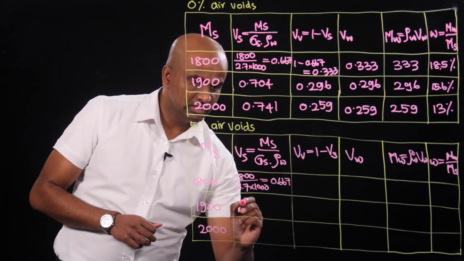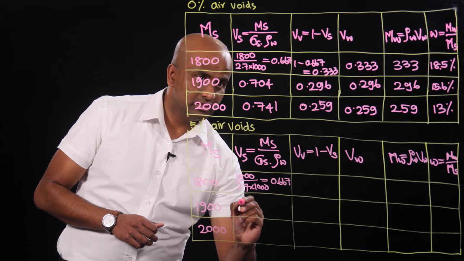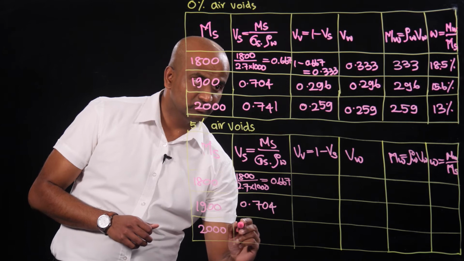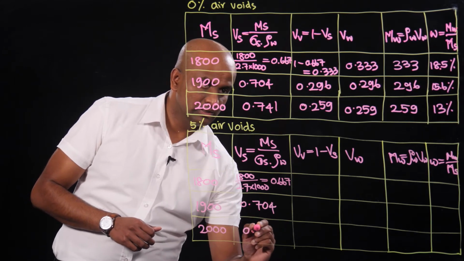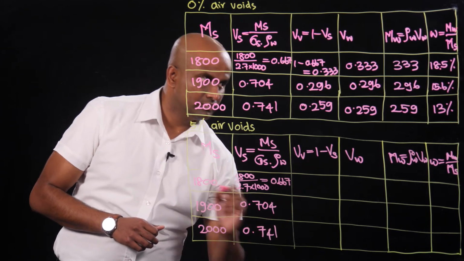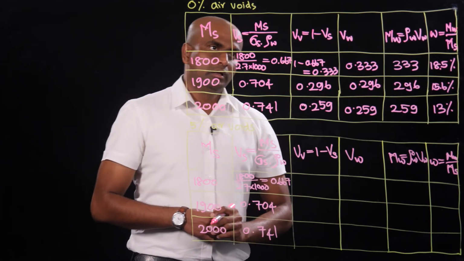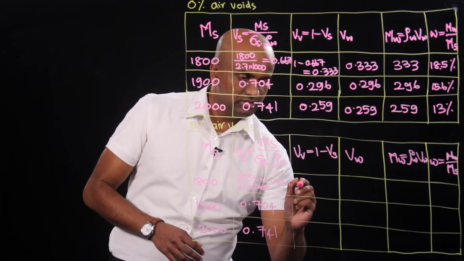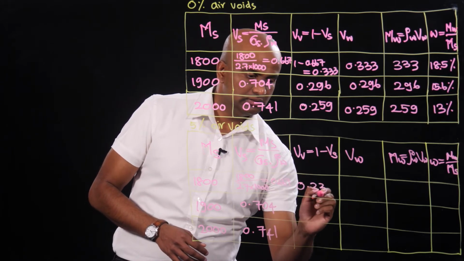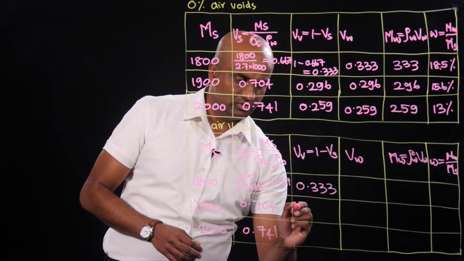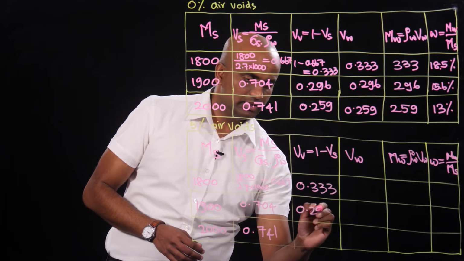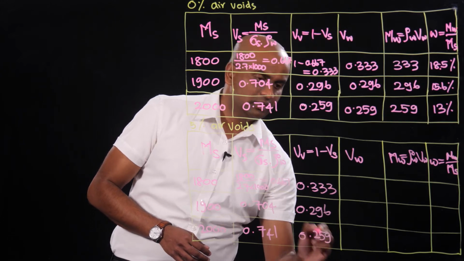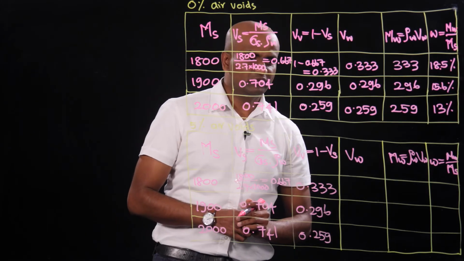And similarly you will get the Vs values 0.704 for 1900, and for 2000 that will be 0.741, the same. And now your Vv values, the volume of voids, 1 minus volume of solid, will be 0.333, and here it will be 0.296 and 0.259.